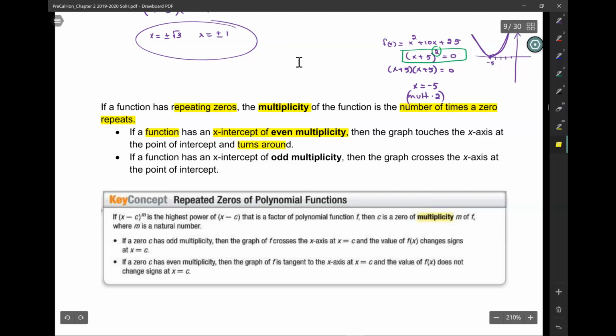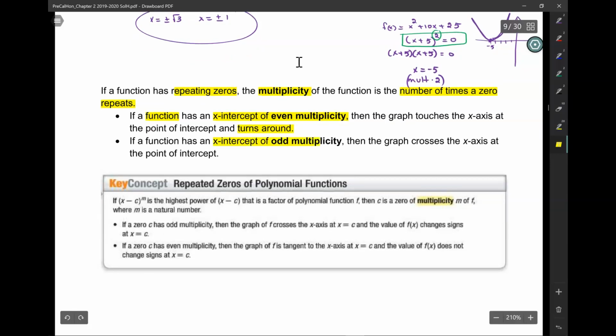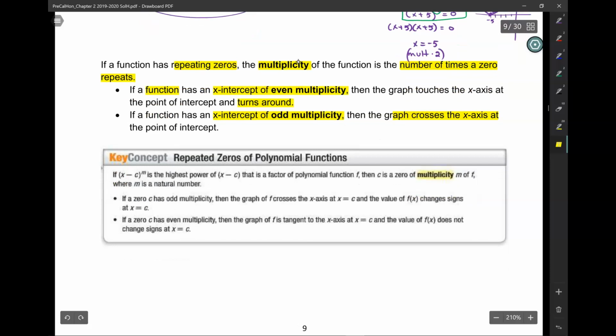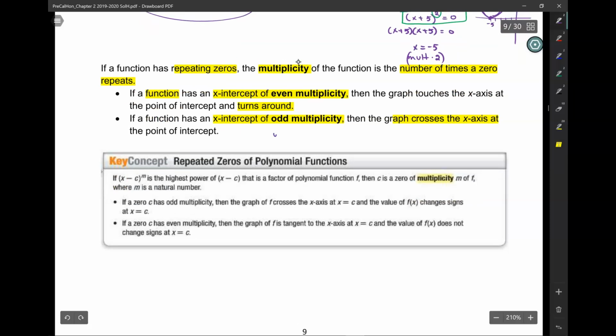If the function has an x-intercept of odd multiplicity, then the graph crosses the x-axis at that point of intercept. So if this was x plus 5 cubed instead of squared, at -5 the graph will not turn around like it did before, but cross. This is cool stuff.